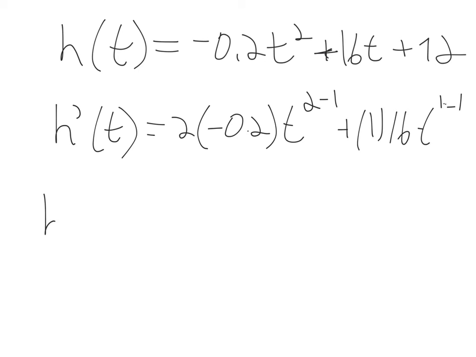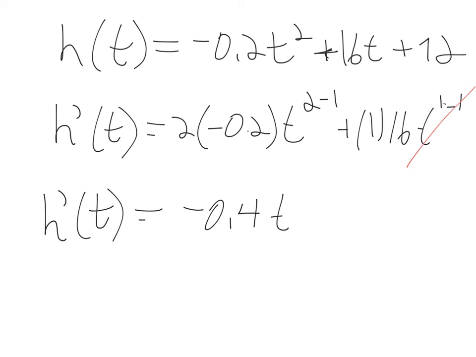So again, h prime of t, 2 times negative 0.2, negative 0.4, t to the 2 minus 1 is just t to the first. Again, this is 1 over here, and the derivative of 12 was 0. Plus 16. There's the derivative.